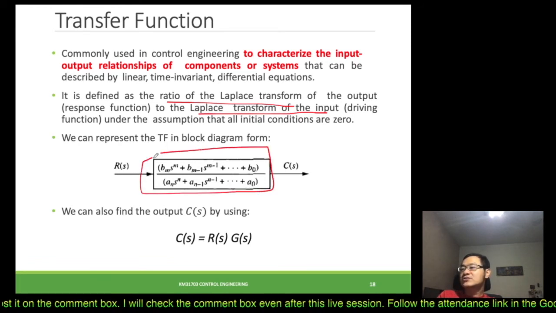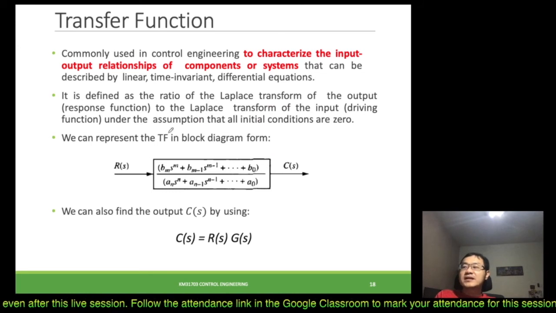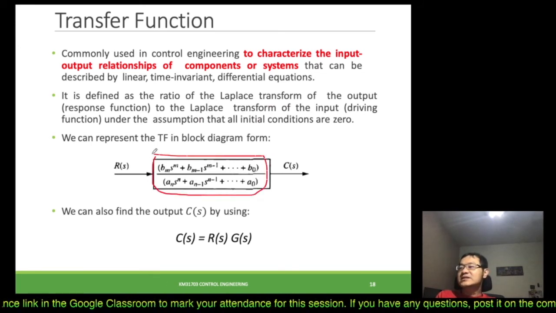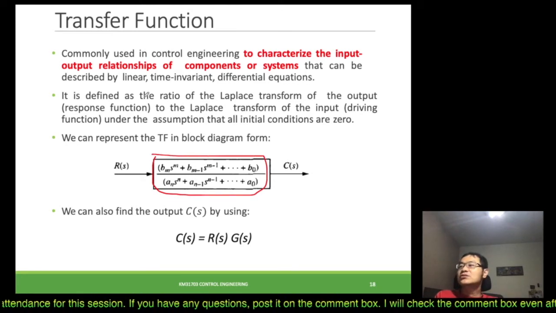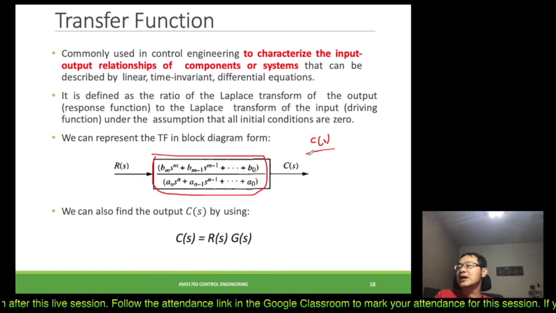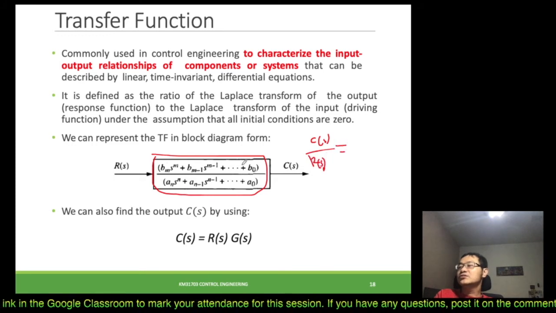Okay, so this ratio, the transfer function, can be seen as given in this block diagram itself. So as being defined, the ratio itself, meaning to say output, this is the output, the C(s), divided by the input, the R(s), should give you this.